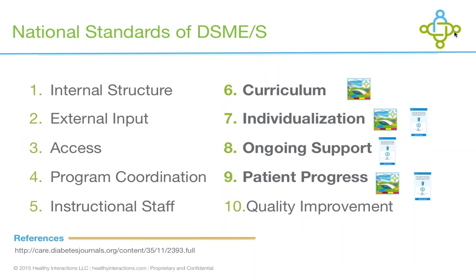You can use ADA or AADE recognized programs to deliver that, but this is a summary of what you need, which is the internal structure, external input, access, progress, instructional staff. 6 is a curriculum, 7 is individualization, 8 is ongoing support, 9 is patient progress, and 10 is quality improvement.